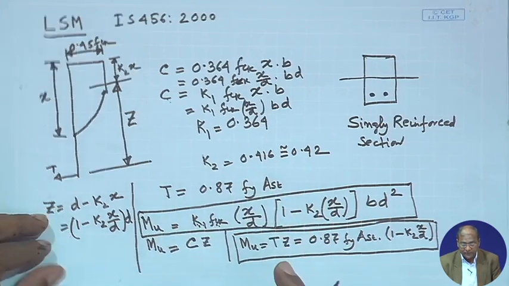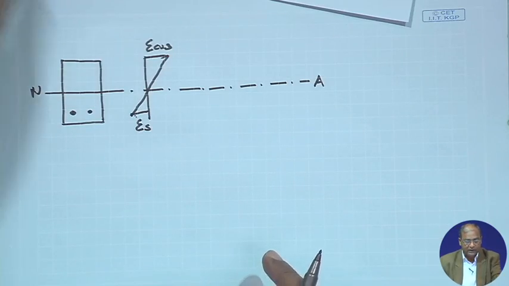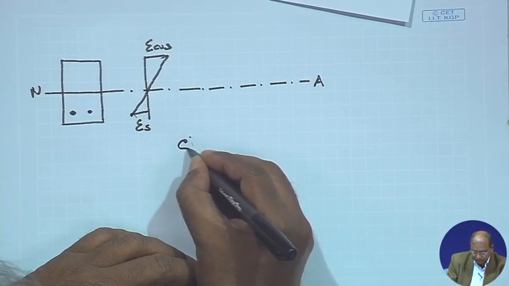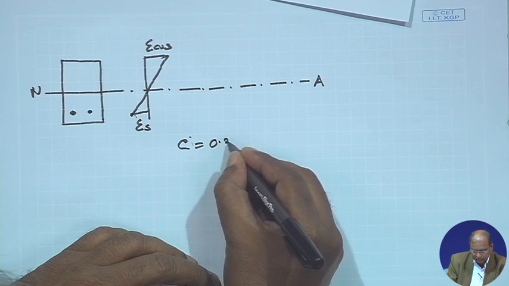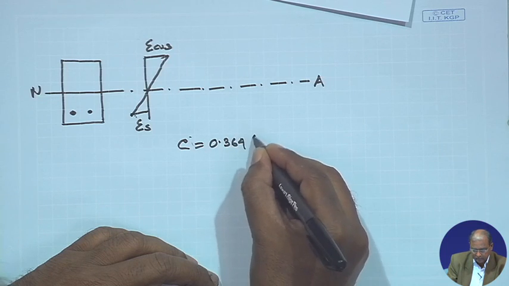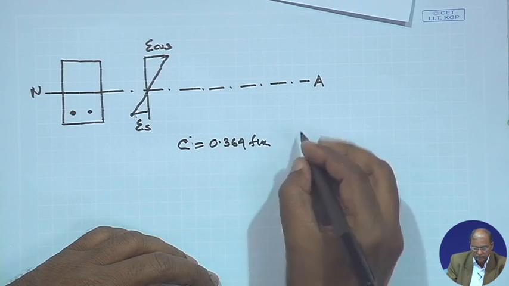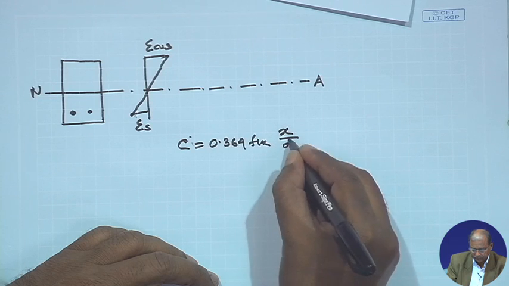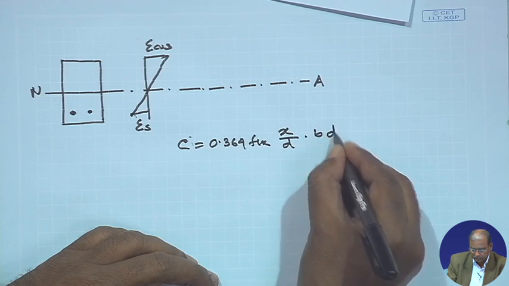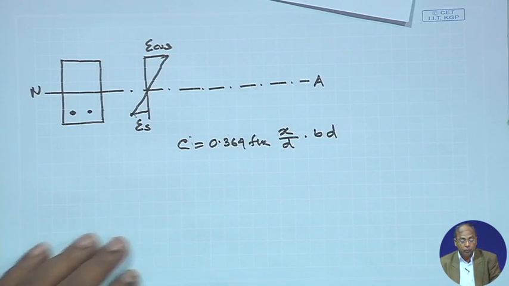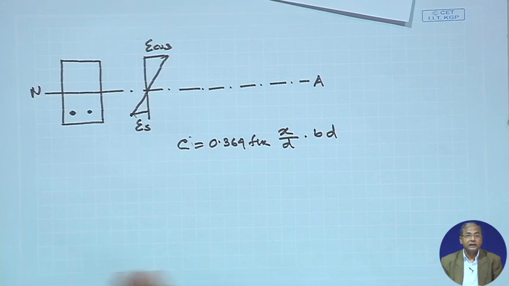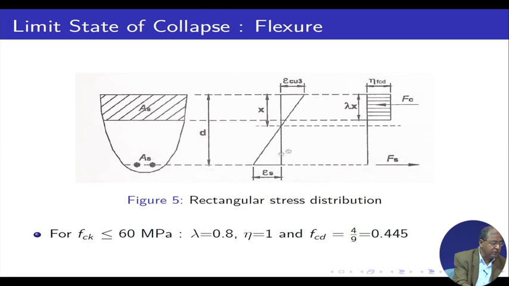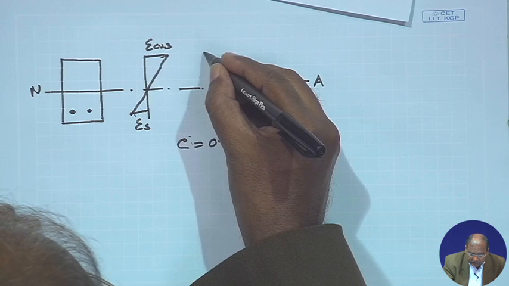So, this value if we write down here, please note that figure which we have taken from the code, that here lambda x, that means I have reduced this value.